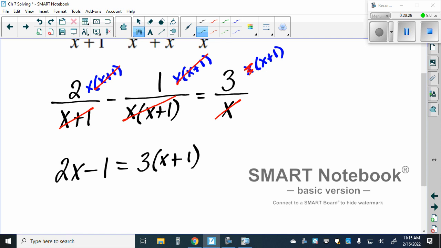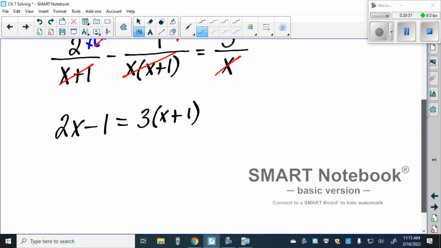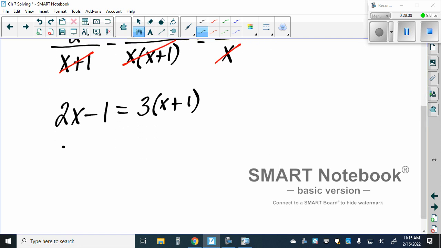Or if you'd gone on and multiplied that out to 3x plus 3, that's perfectly fine. You don't have to write it with the parentheses, especially if you feel comfortable doing that. So here, when we multiply through, we get that 2x minus 1 is equal to 3x plus 3.